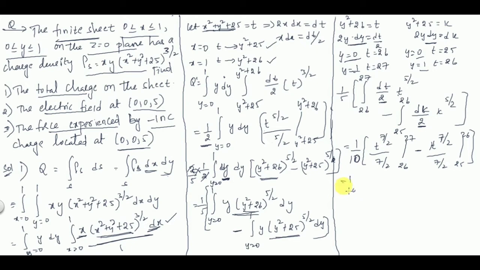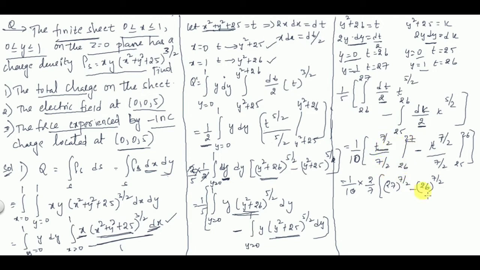So 1 by 10 multiplied by 2 by 7 into, I am substituting the limits. So 27 whole to the power of 7 by 2 minus 26 whole to the power of 7 by 2. So upper limit minus lower limit.